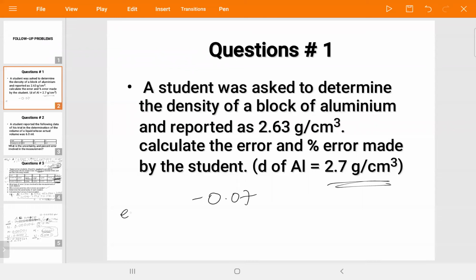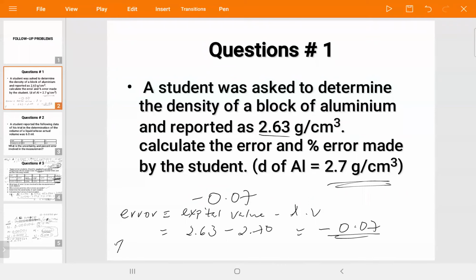So all you have to do is what? Remember, error is calculated as experimental value minus accepted value, right? So the experimental value is 2.63 gram per centimeter cube minus 2.70, which gives minus 0.07. Excellent.